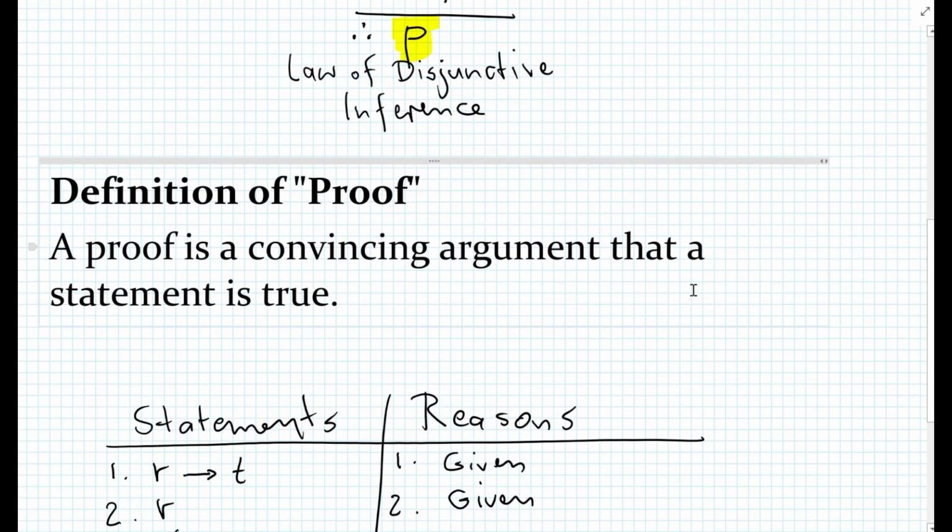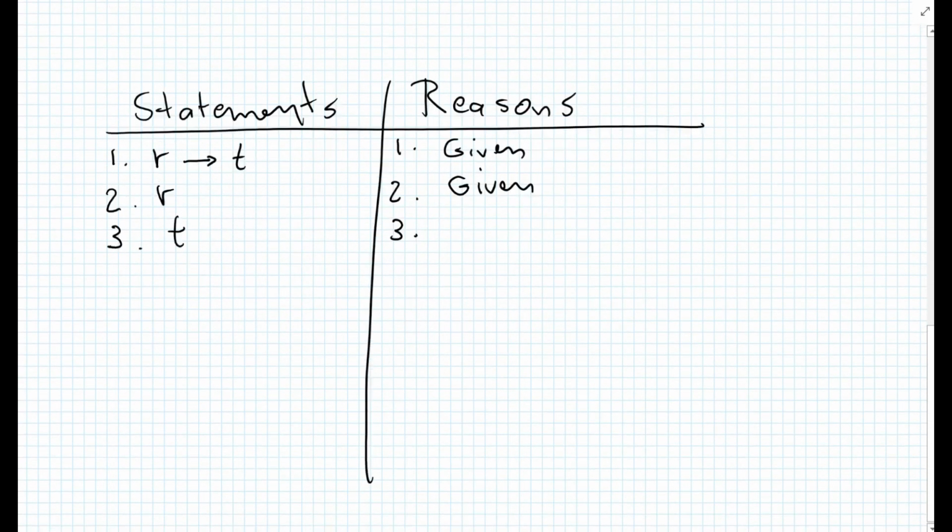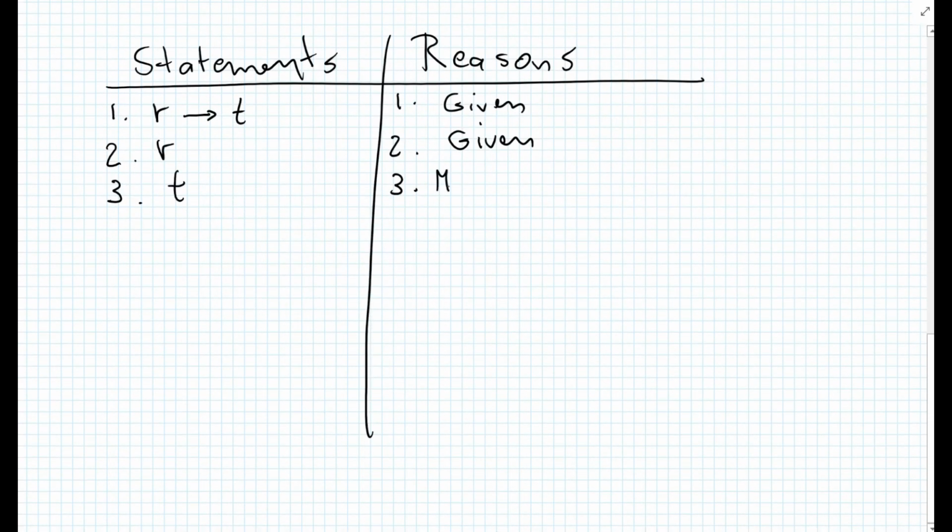So let's write that in here as a reason for number three, modus ponens. Now we want to also put citations, and that is very important, okay? So we're going to put citation 1, 2, because what that means is that we're referring to steps 1 and 2 to conclude by modus ponens that T is true, okay?